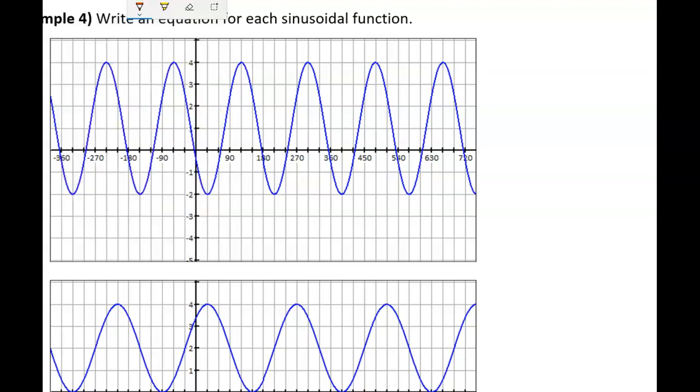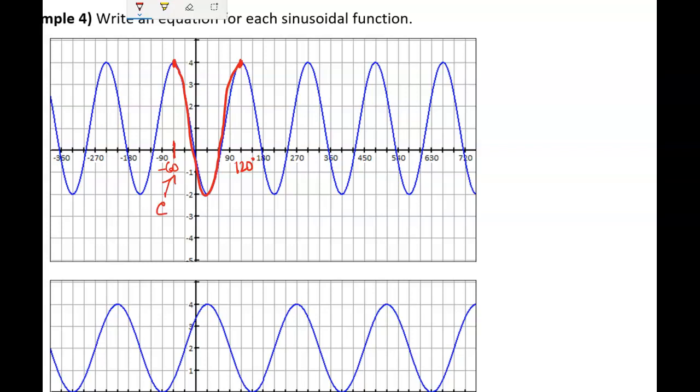So let's just go maximum to maximum, for instance. And that would be one cycle of a cosine function. So it looks like our cosine function starts here at negative 60 and ends here at 120. So it looks like we've identified our phase shift, right? That's our C value.